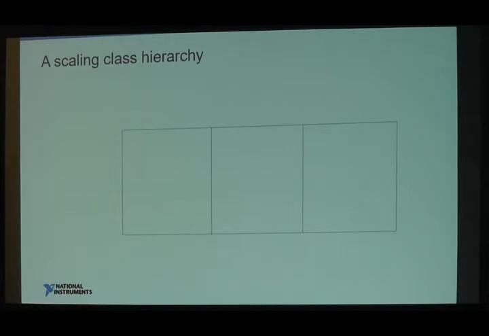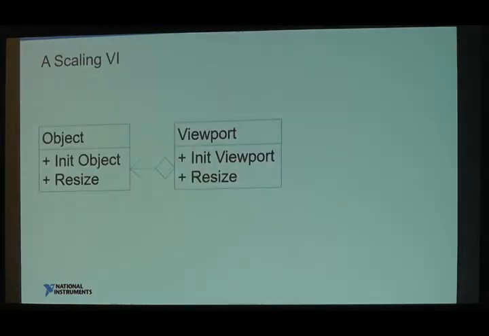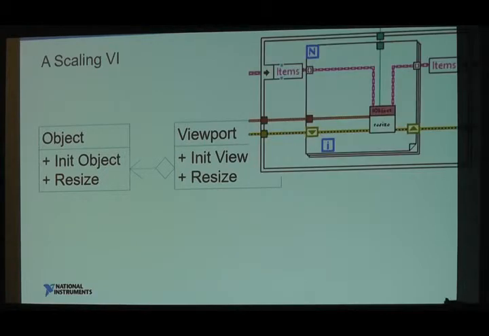So what we want is have dynamic panes and put the stuff in there, like this, for instance. And the way I do that object-oriented is by making a class that contains objects. So we use an init viewport to put the objects in there, and then a resize, just like the other one, but the resize now goes over the items that it has and calls the resize on all the objects.